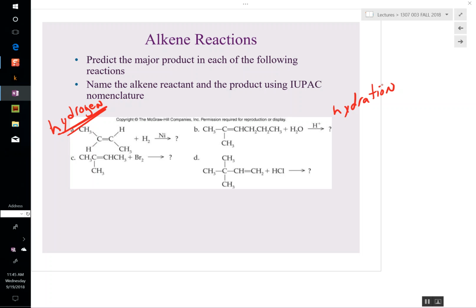So the carbon that has the most hydrogen gets more hydrogen, and the other carbon gets the leftovers. But in this case, the leftovers is really the OH group. So let that guy with all those hydrogens have some more.